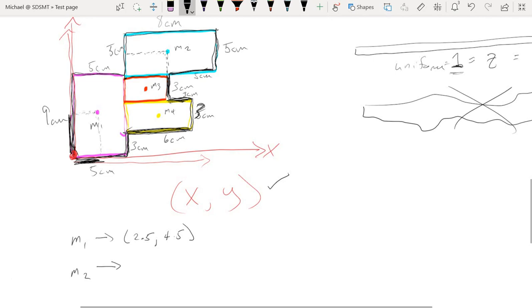And it has side lengths 8 by 5. Before you jump in and say 4, 2.5 as the coordinates, keep in mind that we have to measure from the origin.